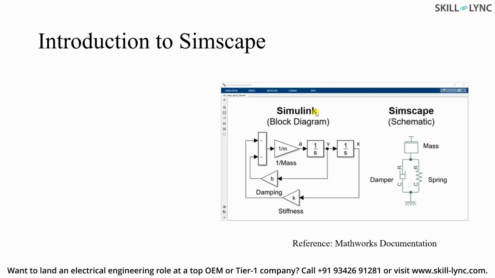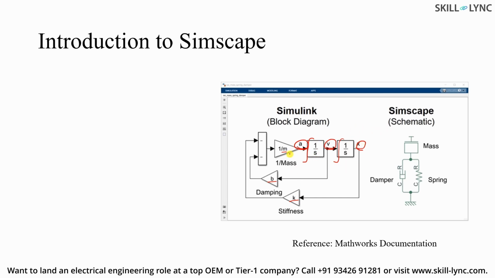Now let me give you some introduction to Simscape. Simscape is a readily available library. What you see here is an equation of the acceleration, velocity and the displacement, and these are nothing but the integrator, 1 over s. m is the mass, b is the damping coefficient, and k is the stiffness coefficient of the spring, and this is how you get the value of x.